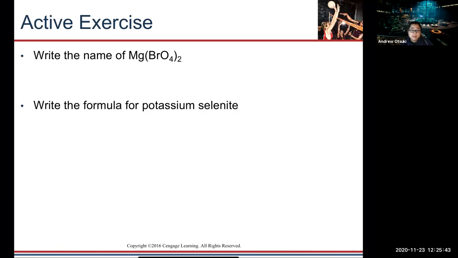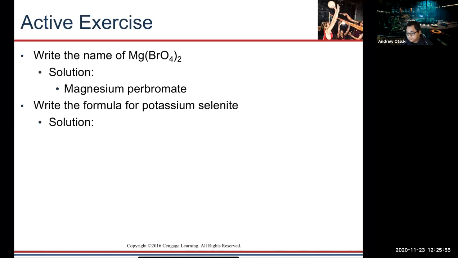So since selenite is 2 minus, we need potassium, which has a +1 charge, so we need 2 potassium atoms in the formula. So it's K2SeO3, because selenite is from selenous acid, which is H2SeO3. Okay.